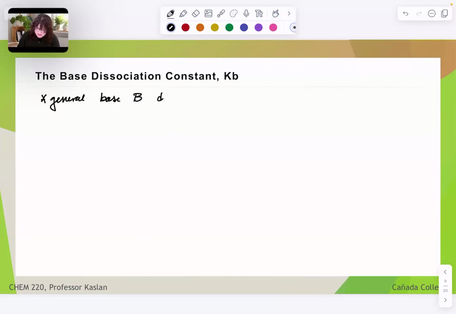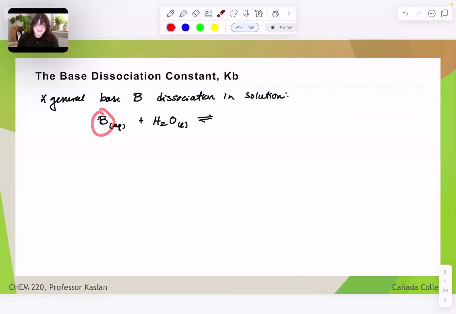So let's remind ourselves about our general base B dissociation in solution. So this is some base B in the presence of water, establishing a dissociation equilibrium. Our substance is a base because it acts as a Bronsted-Lowry base, meaning it is accepting a proton from another substance in reaction.